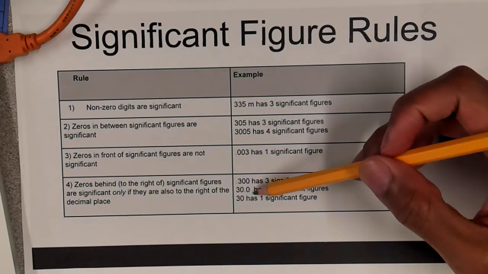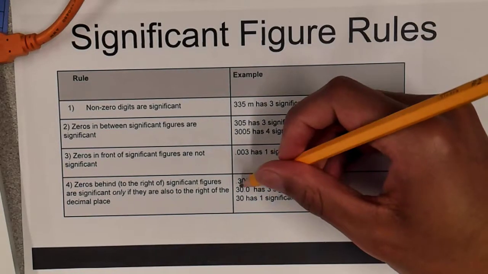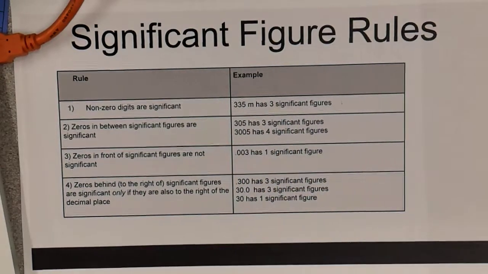And in 30.0, the 0 at the end is to the right of the number and to the right of a significant figure. So this 0 is significant, and this 0 is in between significant figures, so it's also significant.